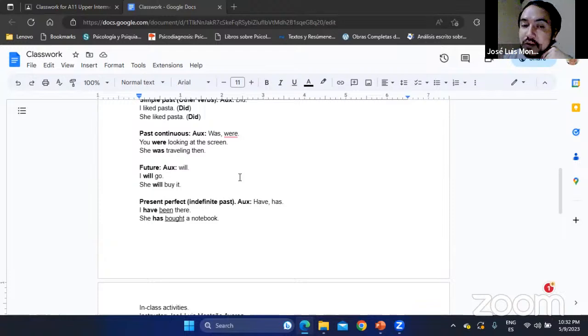Remember that the auxiliaries are going to be seen in negative ideas and in questions in the simple tenses, but not in affirmative ideas, right? You need to identify that if you don't see an auxiliary, if you see a verb like study, and you don't see anything else, then you know that you need an auxiliary for negative, and you know that you need an auxiliary for questions, right?